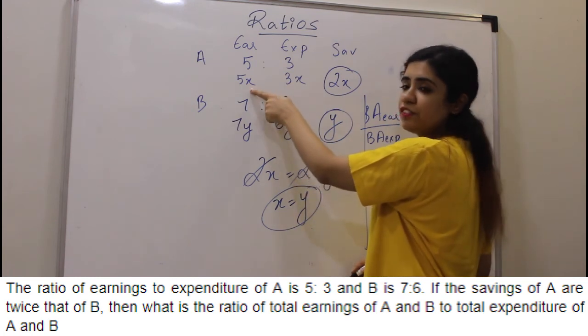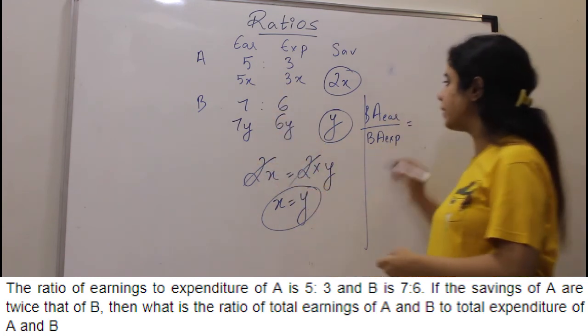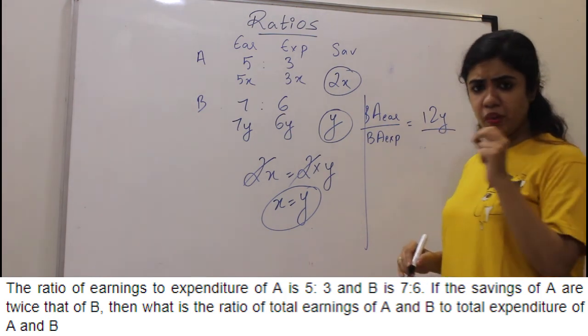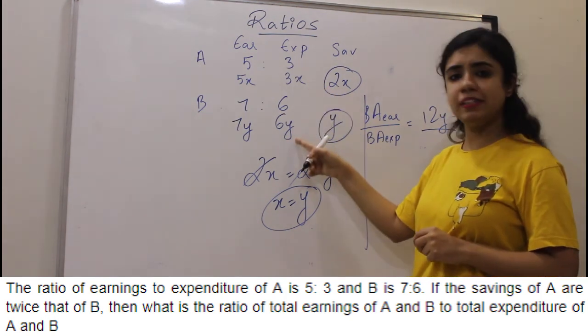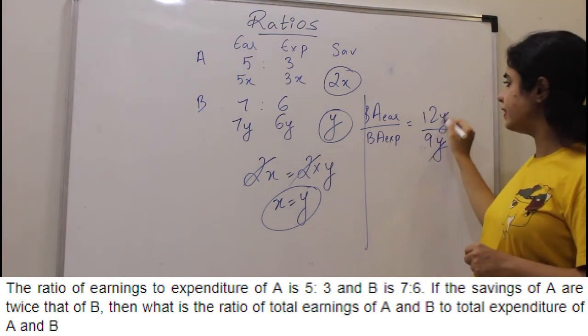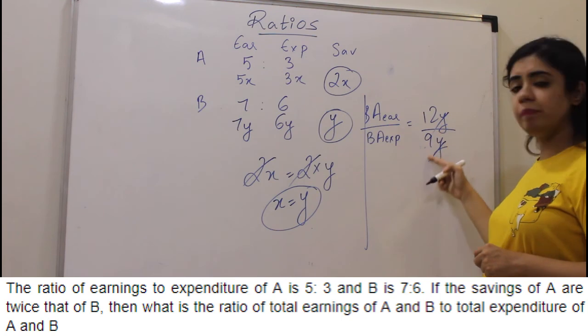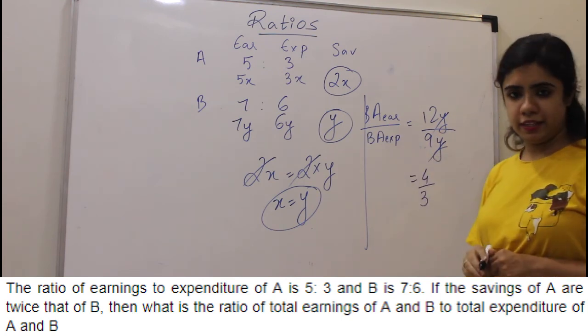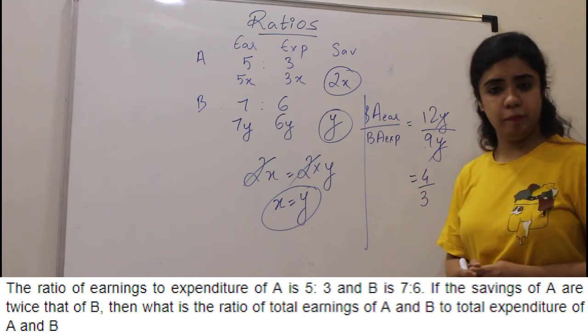So you can take this as 5y plus 7y. So that becomes 12y. ठीक है? Total expenditure will be 3y plus 6y. So it will become 9y. Your y will get cancelled. Your ratio is 12 upon 9, which is nothing but 4 upon 3. Okay? So this is how you can approach the problem.